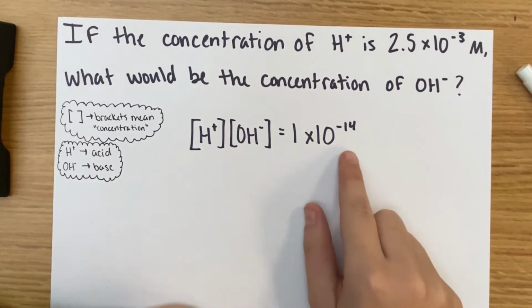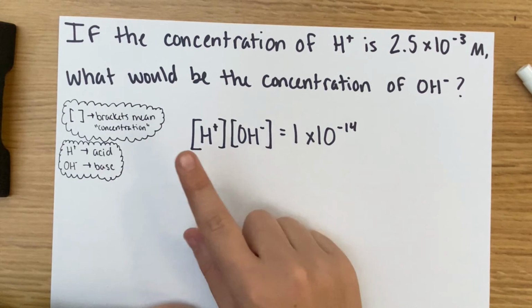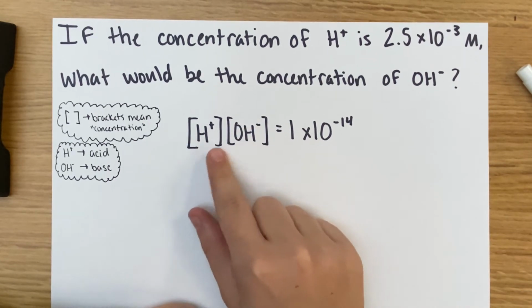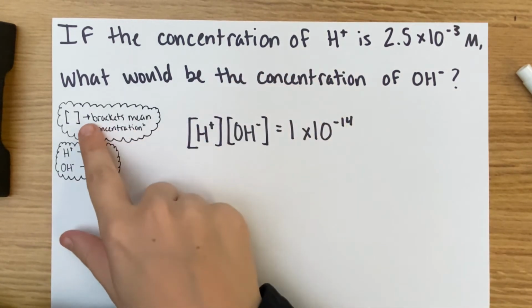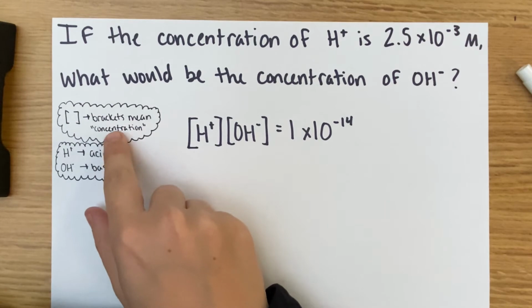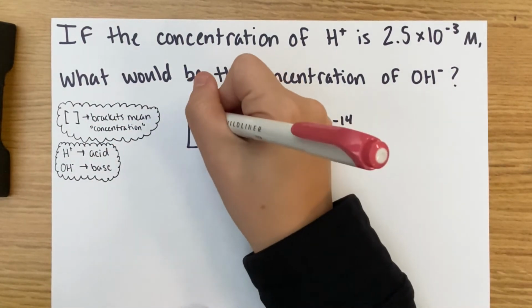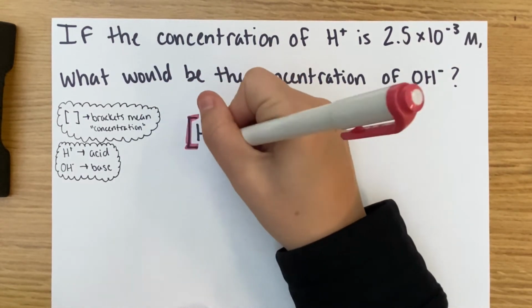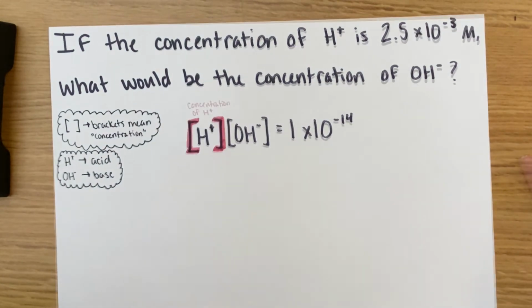This other formula doesn't look at the pH and the pOH, but it does look at the actual concentrations of our ions. So anytime you see these bracket symbols, you need to know that that means concentration. So looking at this formula, the H plus inside of these brackets is telling us that that is the concentration of H plus.